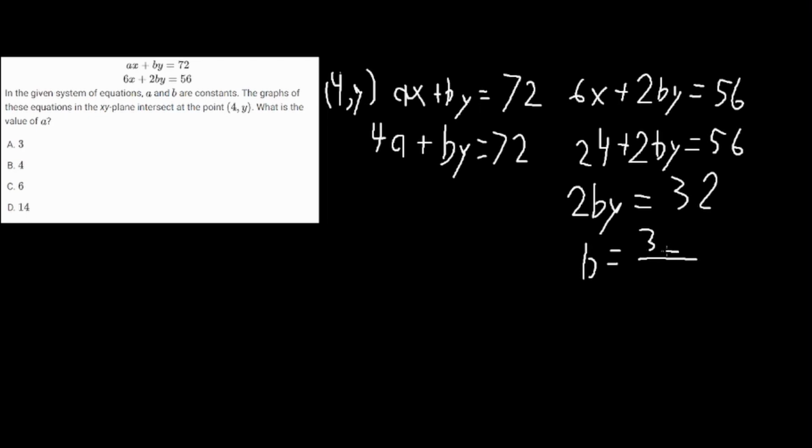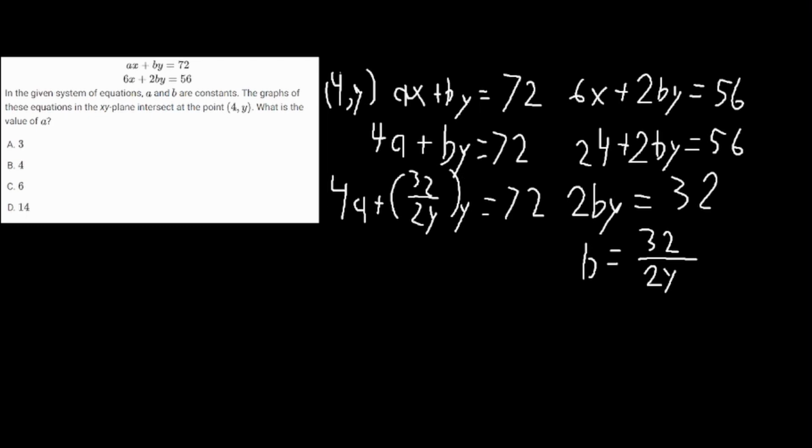So 32 divided by 2y is b at this point. So what I will then do is put that in for b in my first equation. So 4a plus 32 over 2y times y equals 72.